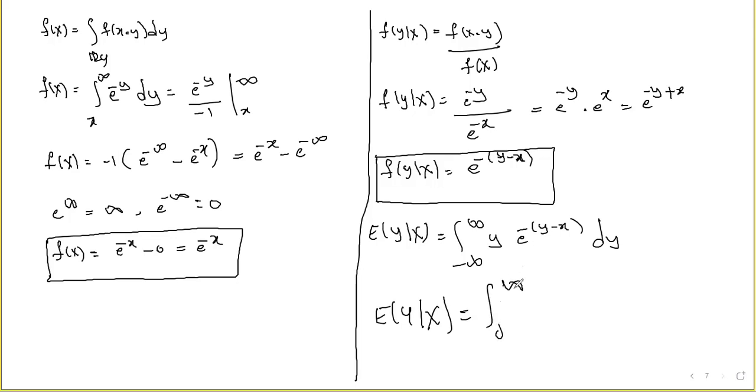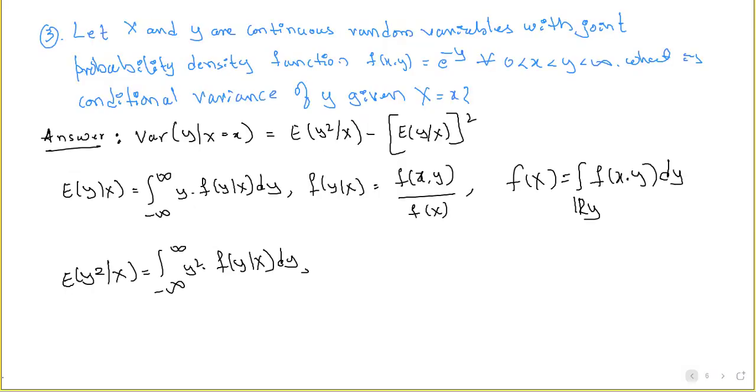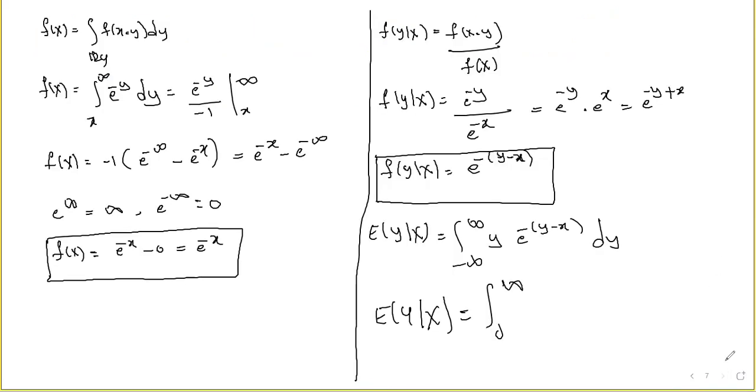Why 0 to infinity? If you forgot, the range of y is 0 to infinity: lower limit of y is 0, upper limit of y is infinity. So 0 to infinity y into e power minus of y minus x dy.